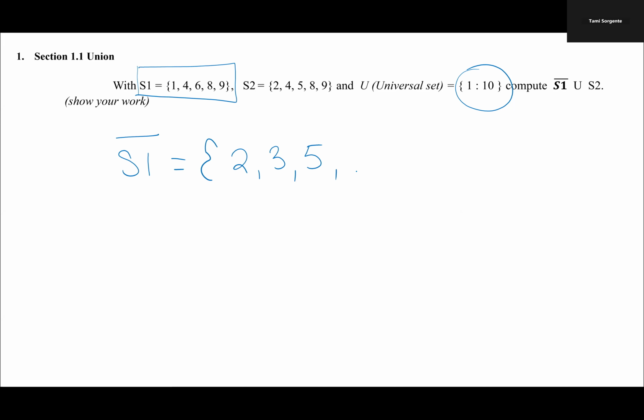Whoops, I forgot 7. 7's also not in there. So if you were to put together S1 with S1 complement, you would get the universal set. All right, so we have S1 and then we have S2.